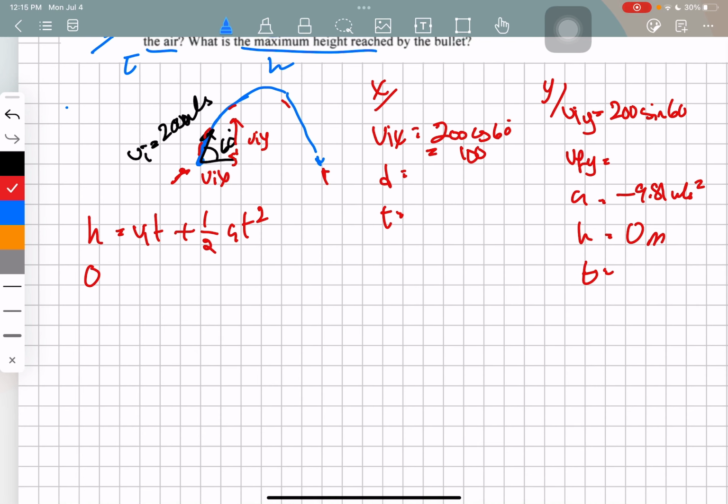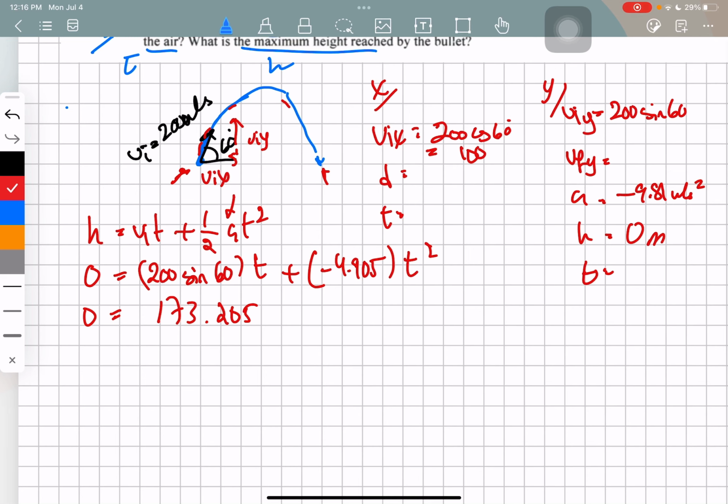So 0 is equal to 200 sine 60 multiplied by time, plus negative 9.81 divided by 2, which is negative 4.905, times t squared. 200 sine 60 is 173.205, and then I can take out a t, so minus 4.905 t.